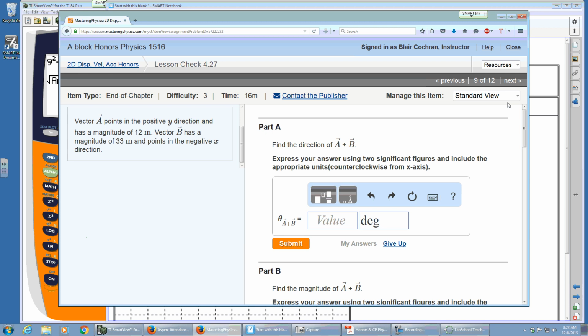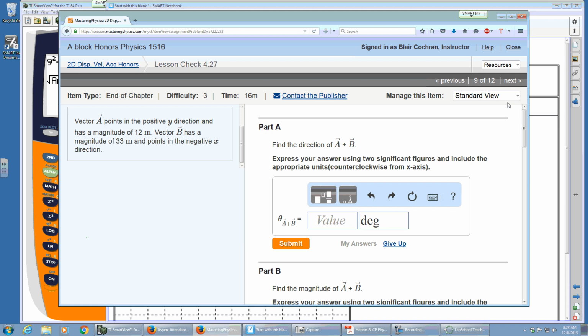When we have subtraction, that negative, think about what negative means. How is 3 different from negative 3? Opposite directions. Whenever you see minus B, that means it's the same length as B, but in the complete opposite direction. So you flip it around.